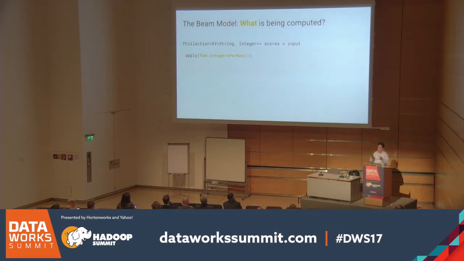The first is the team, the second is the score, and we are summing those integers per key and storing results in another collection. So this is our business logic. It's really simple, but it can be as simple as summing integers or as complex as machine learning models. And this kind of computation won't really matter later on.